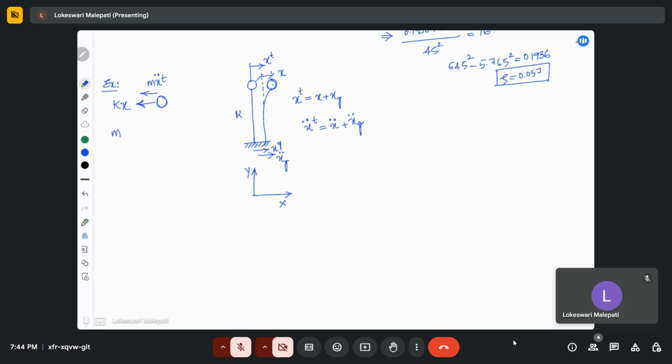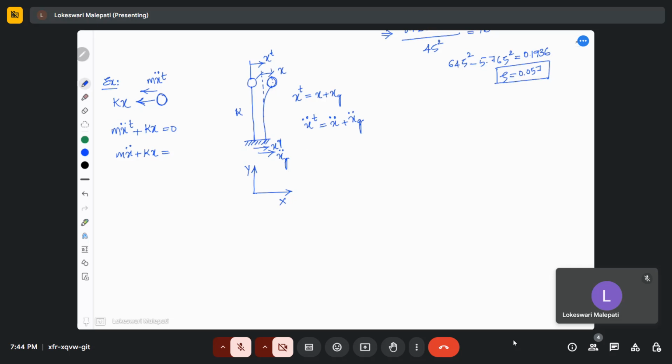So we can write down m xt double dot plus kx is equal to 0. If we again do the substitution, we will get m x double dot plus kx equals minus m xg double dot. So this is the equation of motion for this condition.